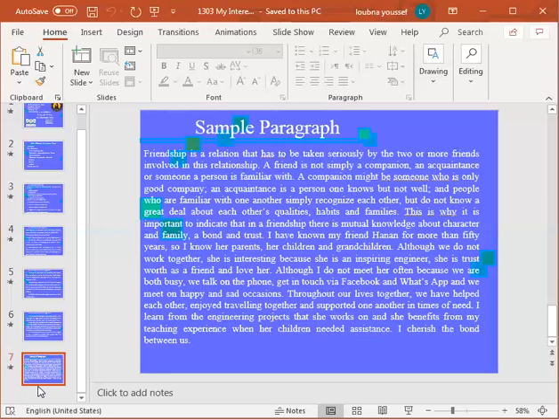Now, following this sentence, the writer has a new sentence, sentence number 3. A companion might be someone who is only good company. All right, so here's a definition of a companion, to make a distinction between a companion and a good friend, all right?